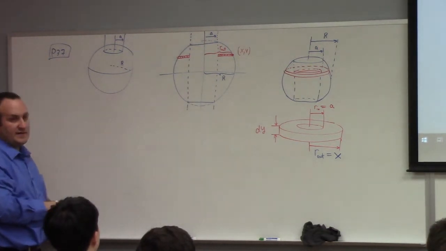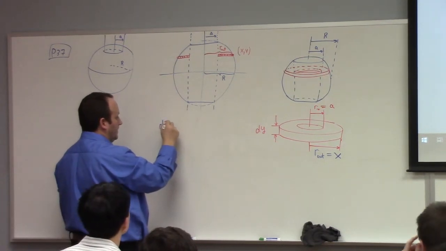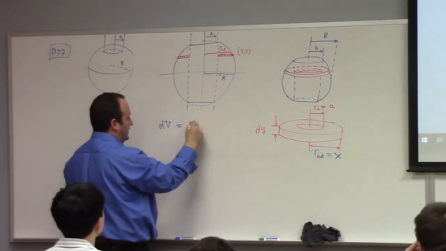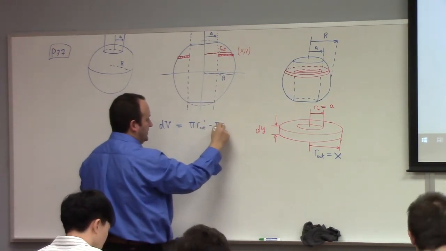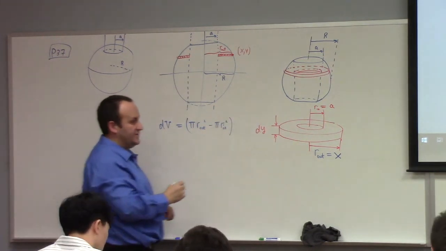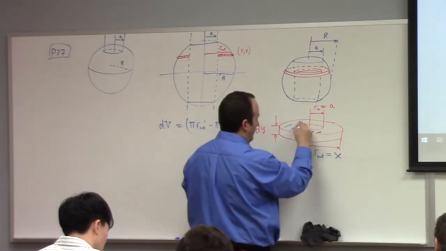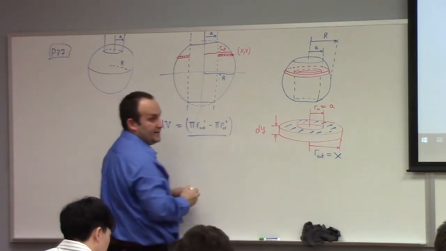So what's the volume of this little washer? Right, it's pi r out squared minus pi r in squared. Why? Because that gives you the area of the annulus, right? That gives you this area. That's what this is, the area of the annulus.